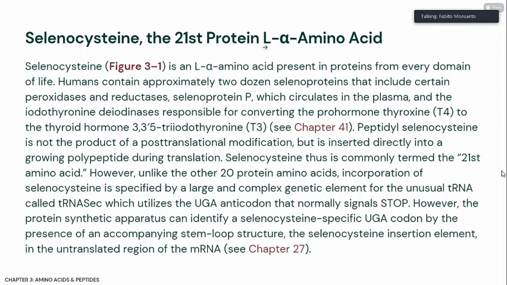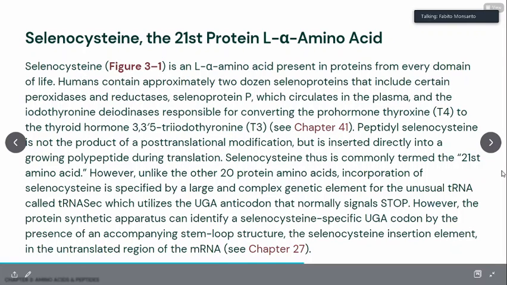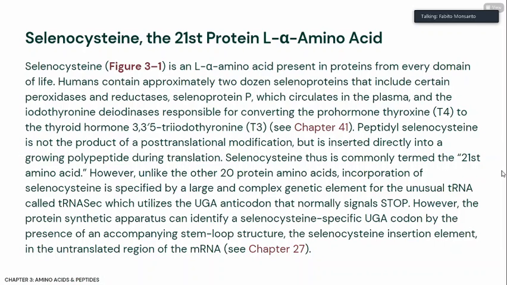Now going back to your organic chemistry, what does the capital letter L mean? It does not mean laboratory, and it is not because of rotation.